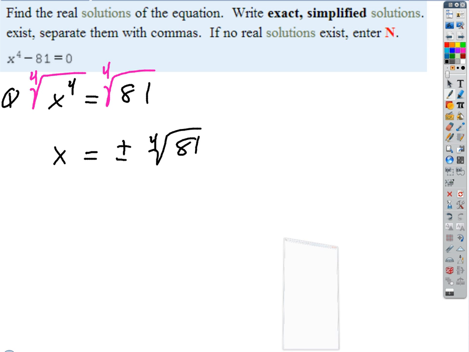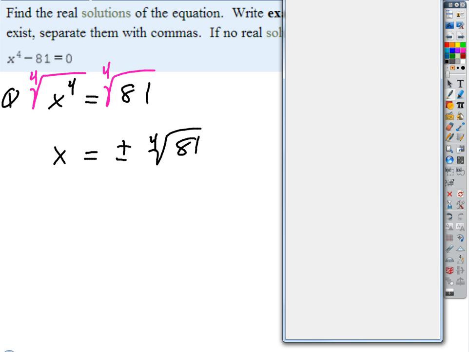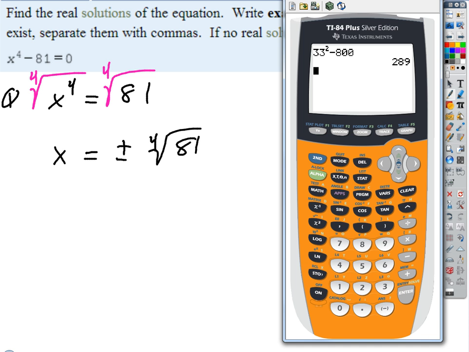Okay, here's one way you can do it. If I want to do the 4th root of 81, I can do math right here. See this number 5? It says x root. I have to put the number in first for the root.